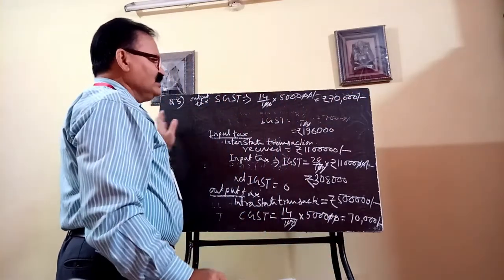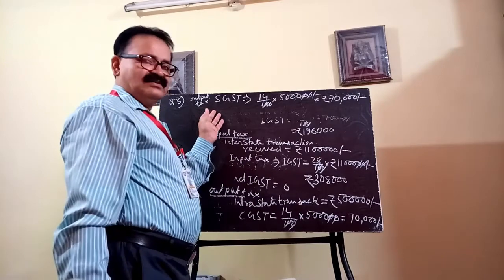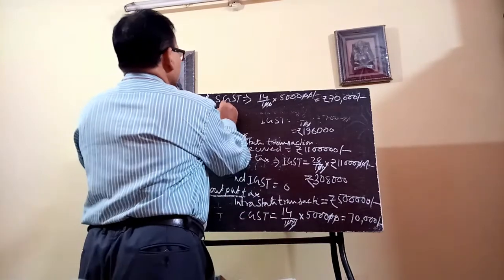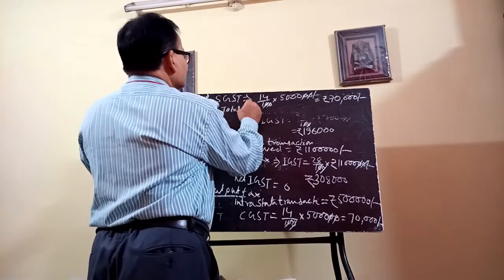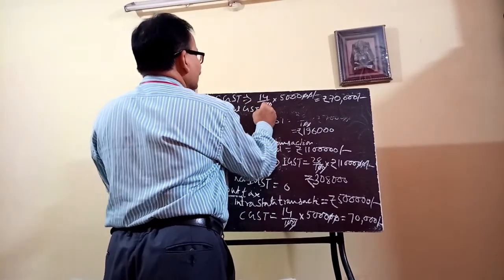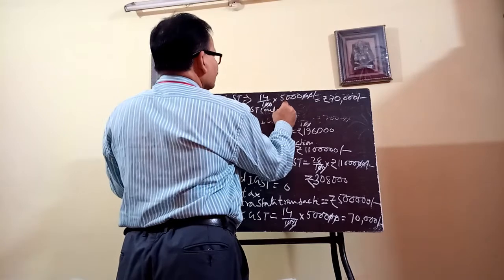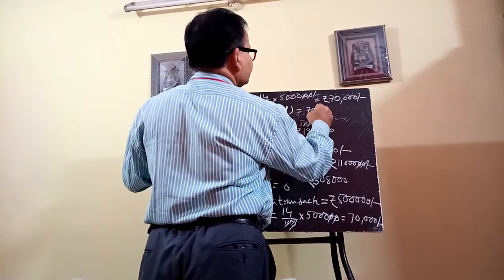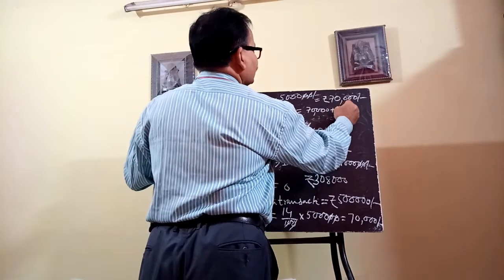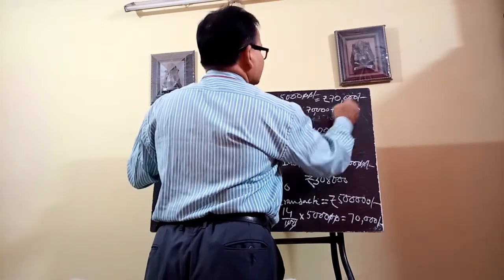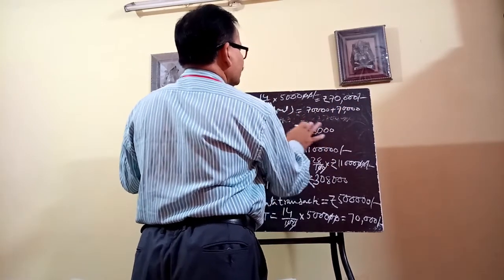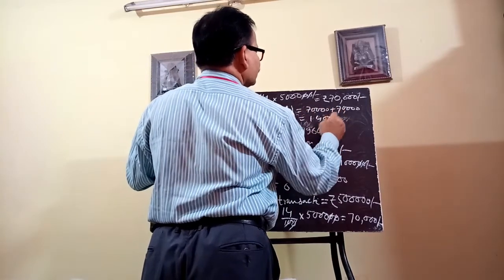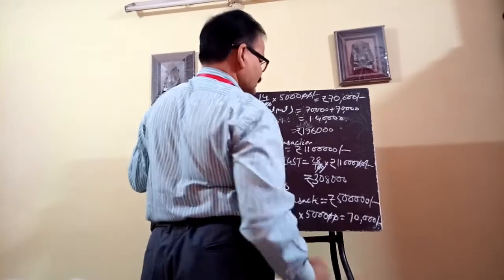So the total GST collected within the state, that is my output GST, is 70,000 plus 70,000, that is 1,40,000.